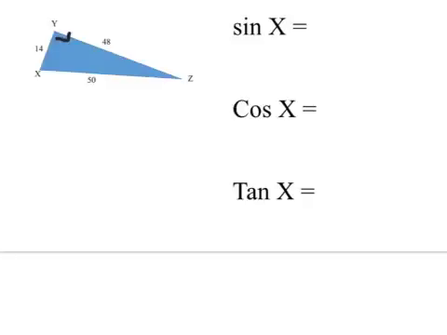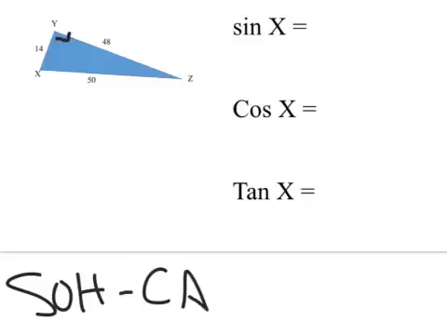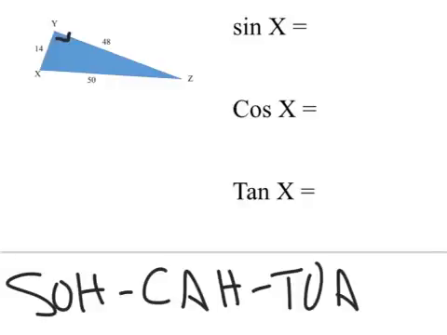Okay, so triangle XYZ has lengths of 14, 48, and 50. And we want the trig ratios of x. So our acronym, once again, is SOHCAHTOA. And this one we're looking at angle x, so our specified angle is x. So we'll label our triangle. Across from the right angle is our hypotenuse. Across from the specified angle is the opposite side.